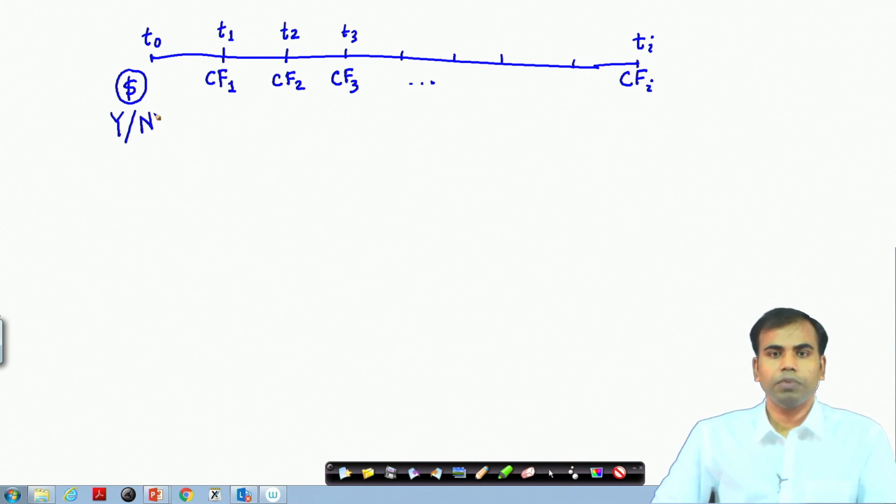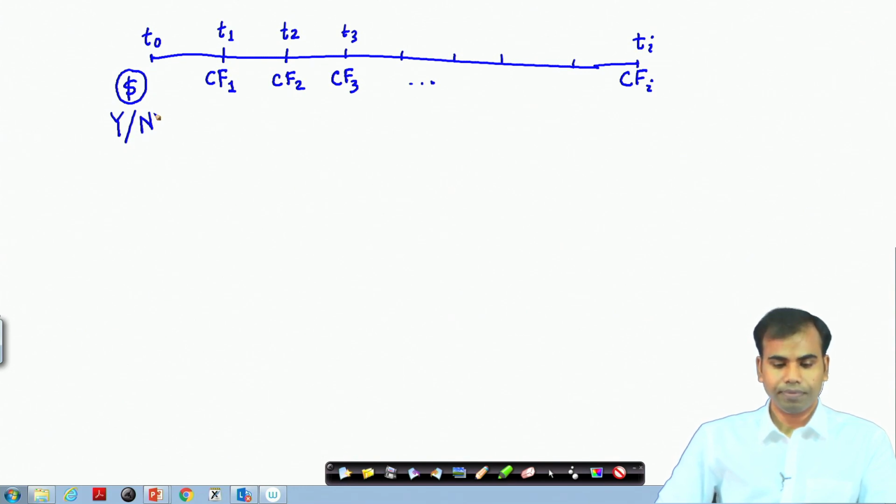So, companies typically have to make some investment in a new project and they expect that the particular project might be yielding certain cash flows in future. So, if it is a project with a timeline of I years and every year the company is expecting to get certain cash flow in terms of CF1, CF2 and so on. Today, it has to make certain investment and has to justify whether the investment is good enough to go ahead or not.